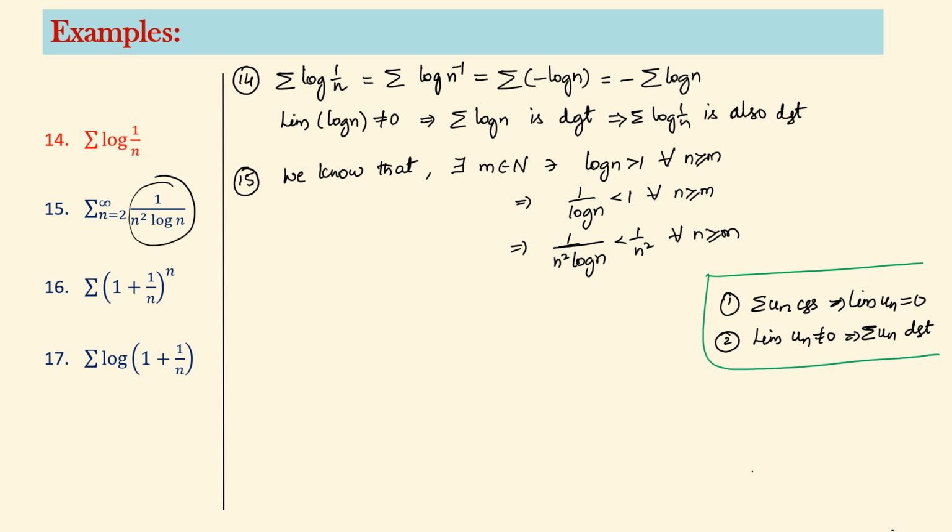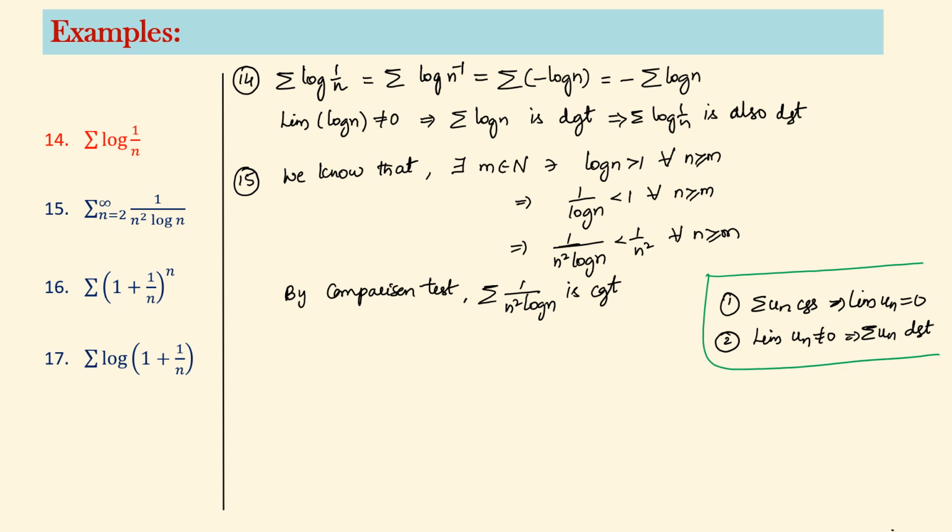So now by looking at this, it is of the form un less than vn, and series vn is convergent. 1 by n square is convergent by p series test. So un must be convergent by comparison test. So by comparison test, summation 1 by n square log n is convergent.